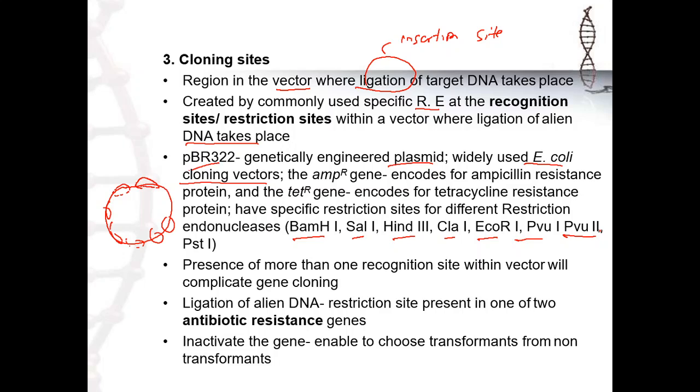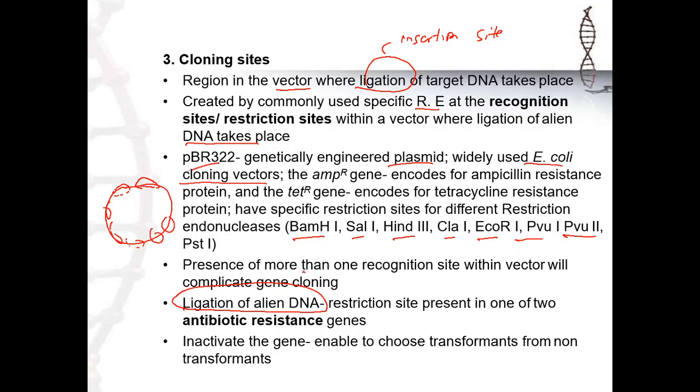So, presence of more than one recognition site in vector will complicate the gene cloning. Now, kung maraming site doon na mayroon siyang recognition site, so mahirap yun kasi mag-complicate ng gene cloning natin. But kaya naman yun, no? So, ligations of alien DNA. So, paano ba yung alien DNA i-insert, i-join, i-connect doon sa ating plasmid, no?